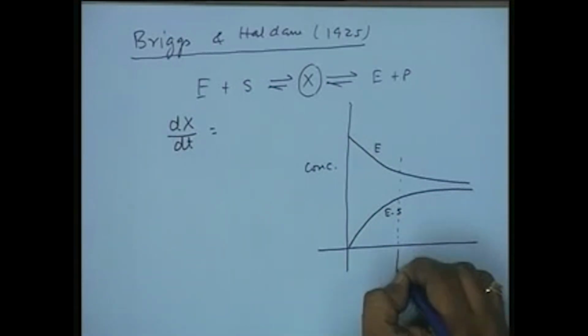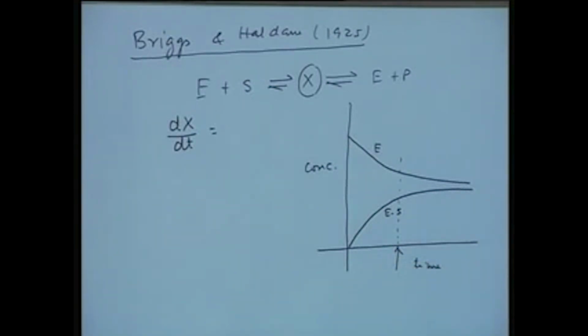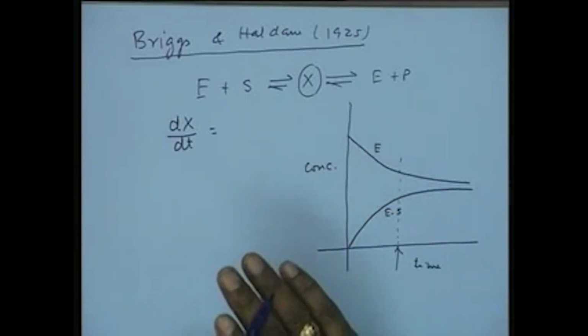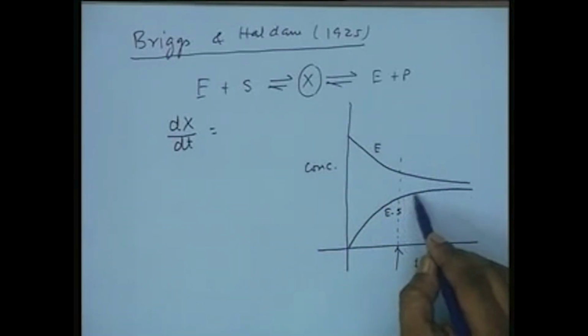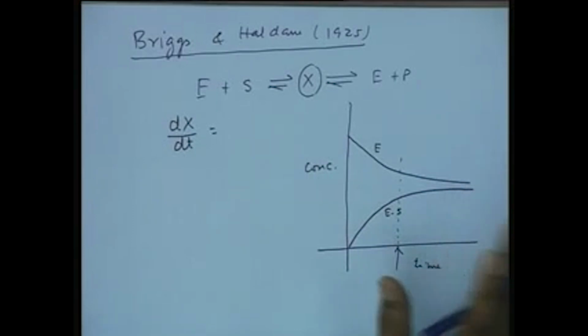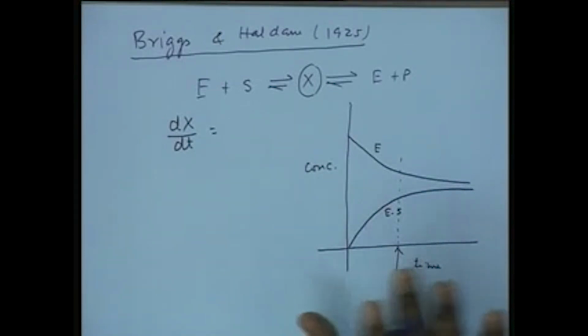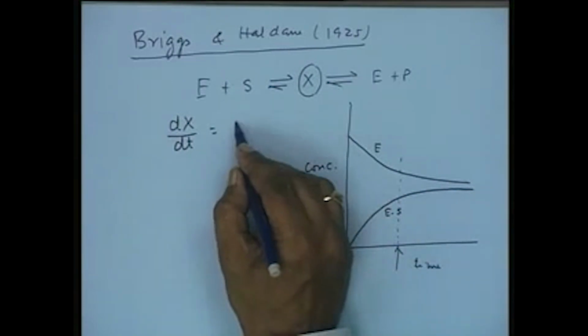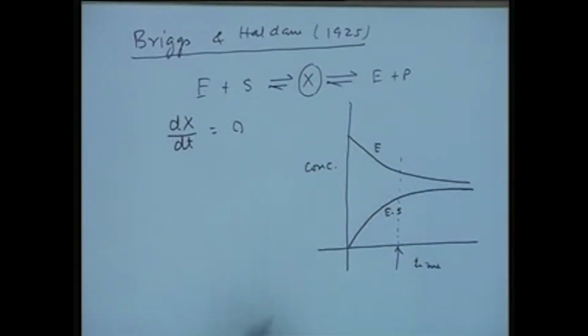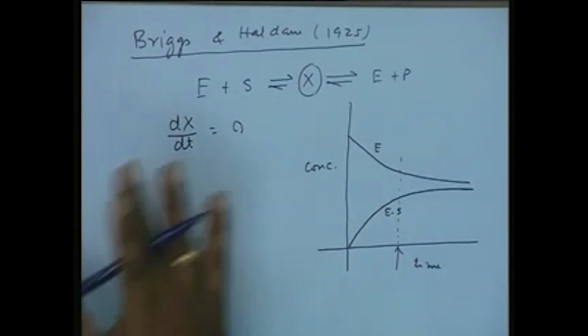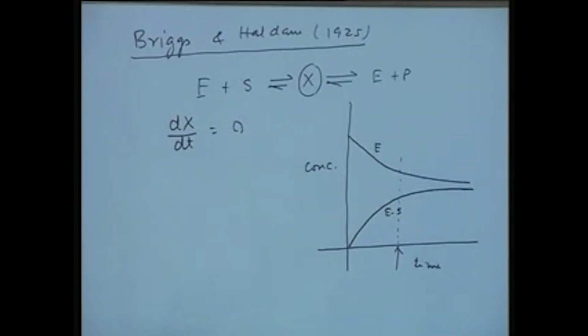This time scale up to here is only a few seconds, which he named the induction period. Of course, you can call it a transient or pre-steady state period also. As soon as this very short transient period passes, the rate of formation of the enzyme substrate complex comes to a steady state, and this becomes 0. Based on that, he wrote his rate expressions and arrived at almost identical rate expression as Michaelis and Menten, with a slight difference which we will notice.